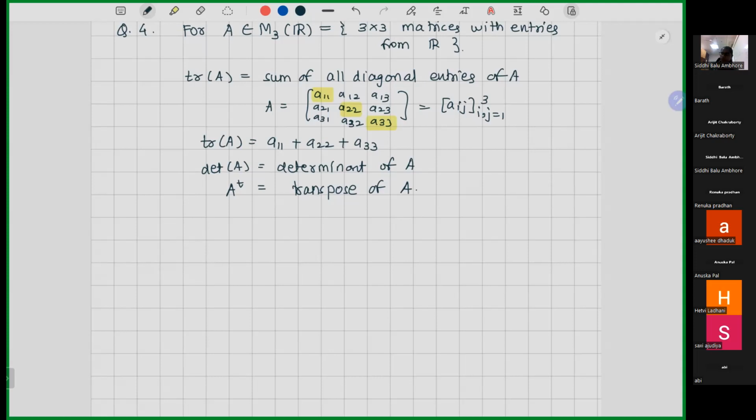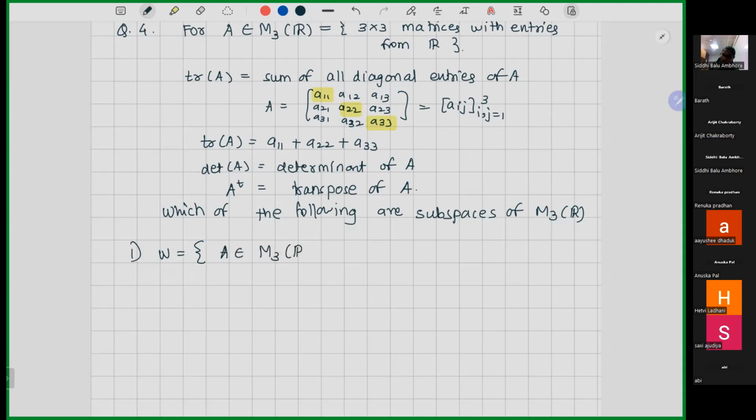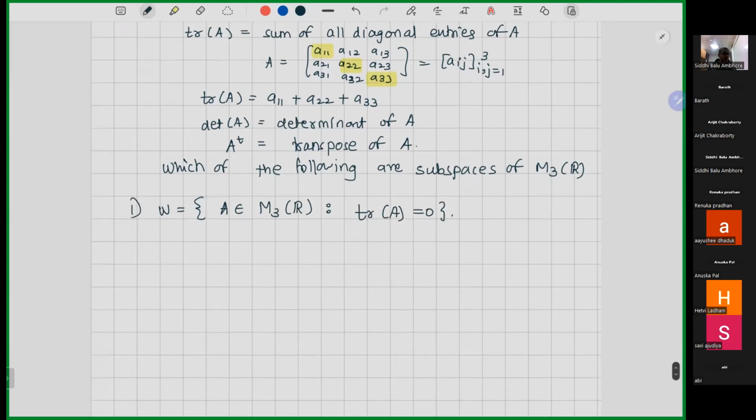Okay, so which of the following are subspaces of M3R? Our first is we define W to be A in M3R such that trace of A is 0.